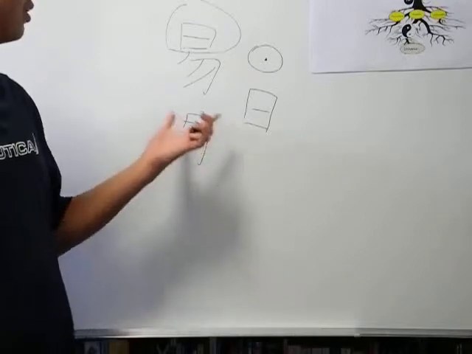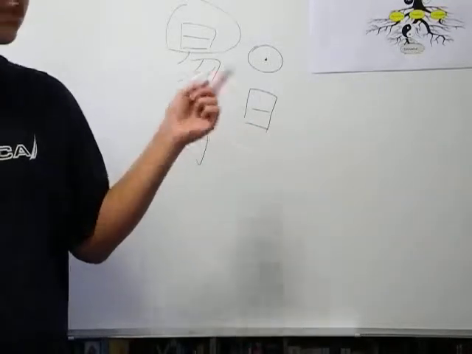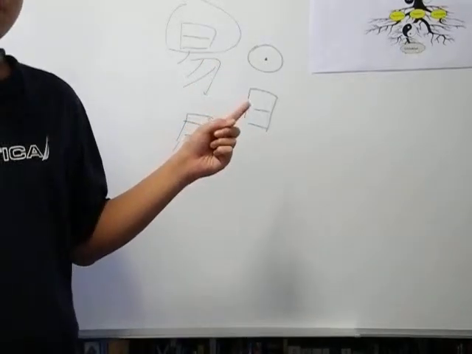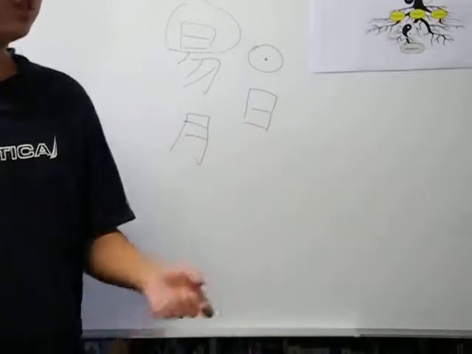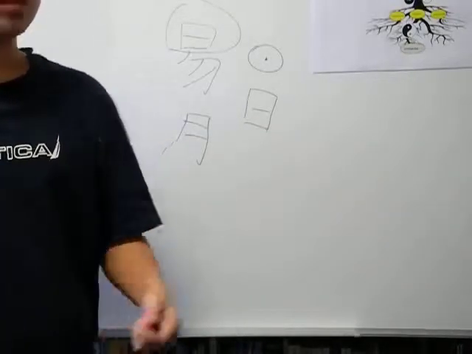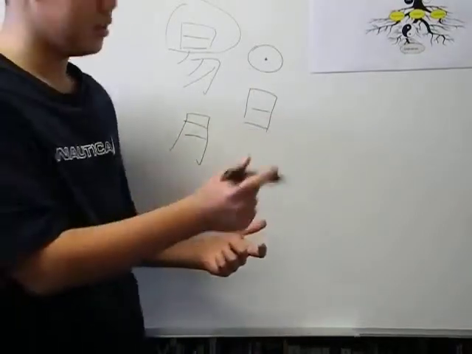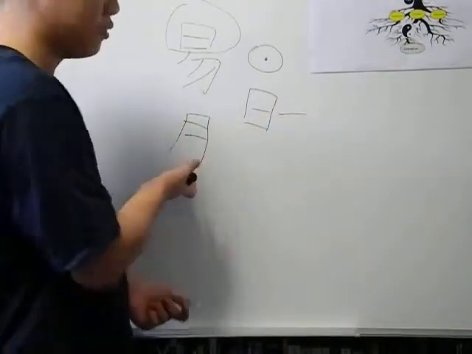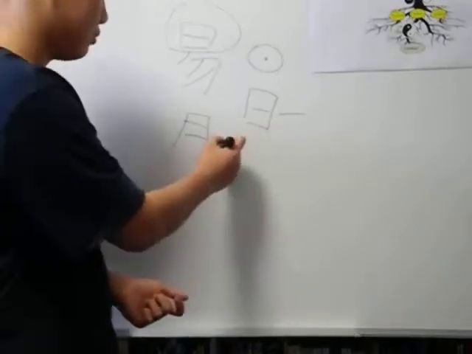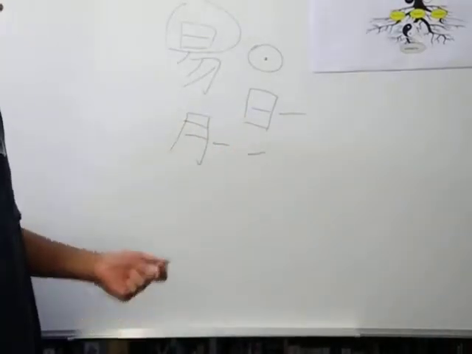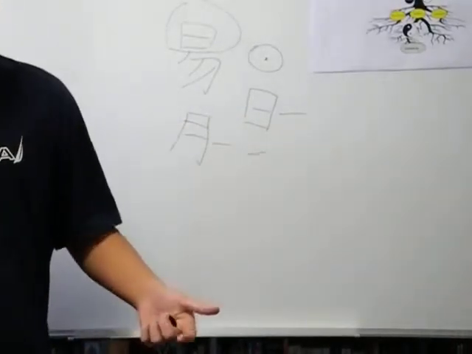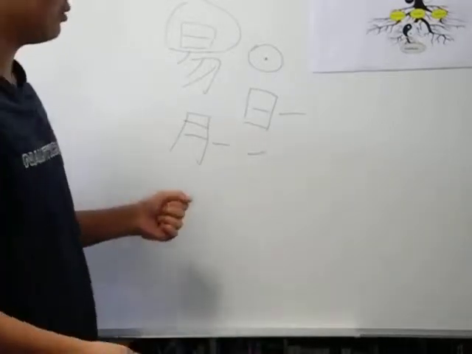So you can see that the character Yi is made of both the sun and the moon. This symbolizes the yin and the yang: the sun is yang, and the moon is yin. It's a very interesting thing to think about while we continue the lesson.